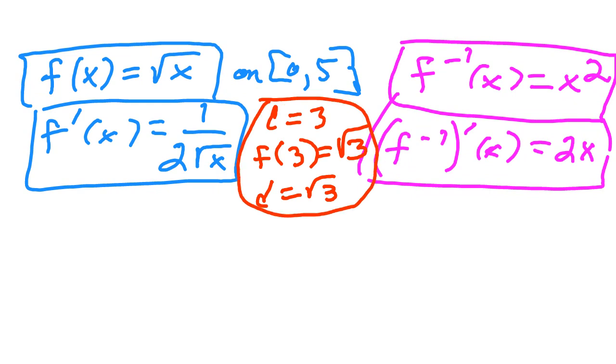So let's just go back to the theorem and see what the theorem said. The theorem said, first of all, f was continuous and monotonic. It is.